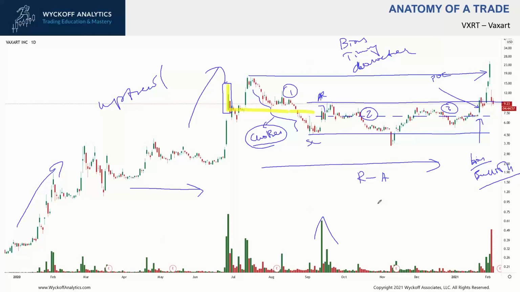And we look at a lot of different things. We look at what's the spread? What's the distance that it travels? What are the volume characteristics? And it is so obvious that 3, there's just no selling there compared to 2, and especially compared to 1.